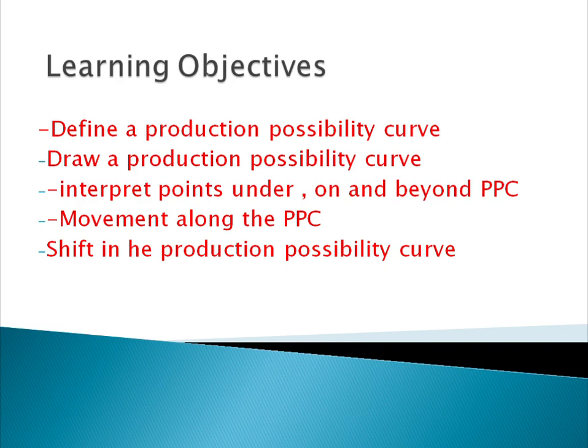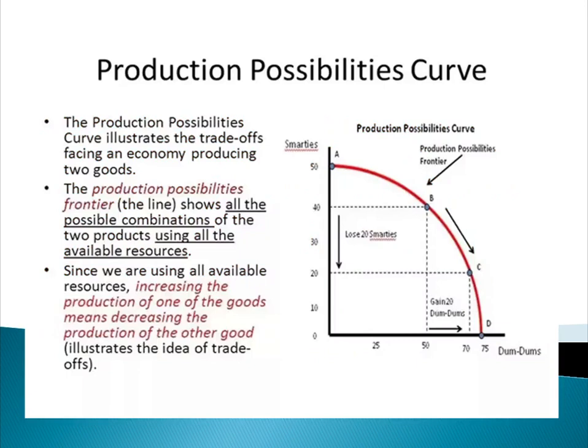The next objective is movement along the PPC, as we can abbreviate the production possibility curve to PPC. The last objective is shift in the production possibility curve and the consequences of this shift. So we will start with our first objective, the definition of the production possibility curve.